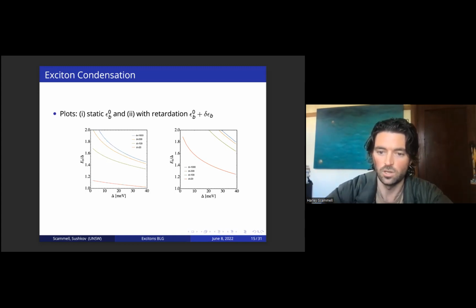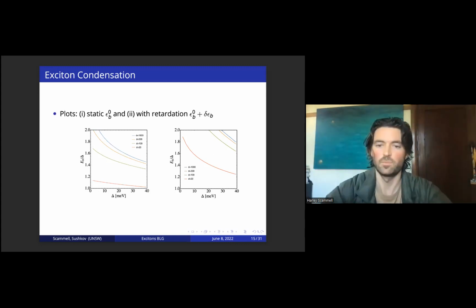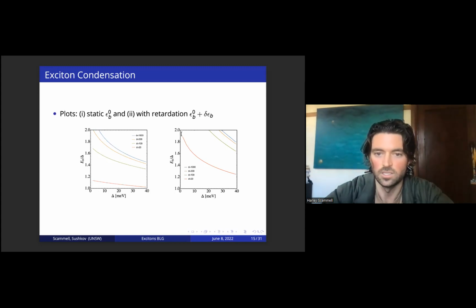And then as we go along and lower delta along this red curve, we're getting closer and closer to this transition point where this equals 2. And we see that when we place the gates only at 20 nanometers, maybe you strike 2, maybe you don't. We're getting closer to this condensation, but for d equals 100, we certainly hit condensation.